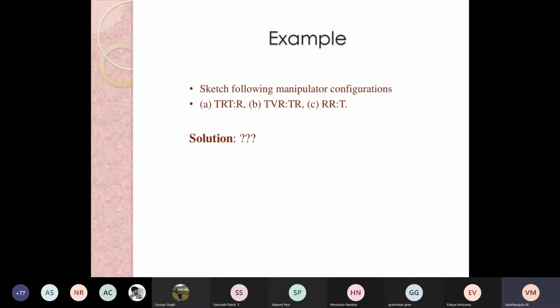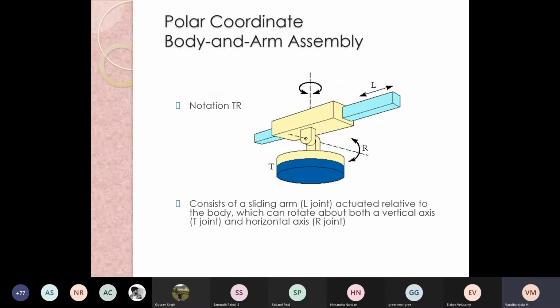For example, the axes are coinciding, but the rotation is possible in this way.